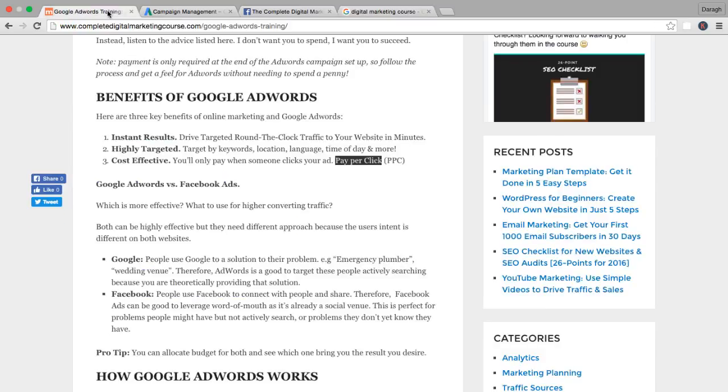So the key benefit of that is that you're only getting this targeted traffic to your website, only people who are really interested in what you have to offer. And that's very different from traditional advertising, like putting an ad in a newspaper or on the radio.